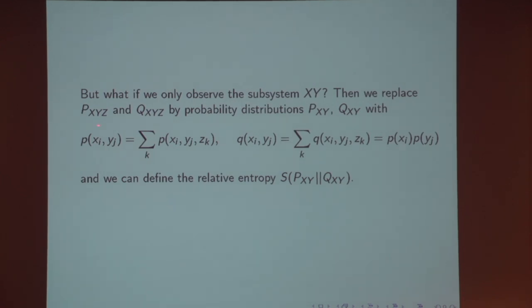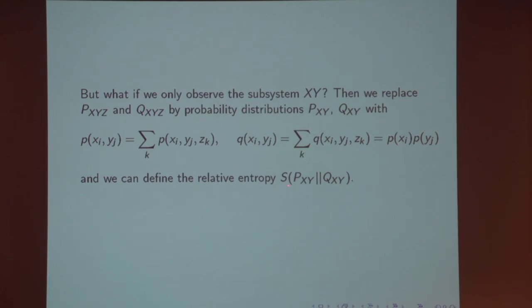So we replace p of x, y, z and q of x, y, z by pxy and qxy, which are obtained by summing over z. So we sum p of x, y, z over z to get a probability distribution that's correlated between x and y. But the other one, when we sum over z, turns out to be uncorrelated. That's because in q, we already ignored correlations of x with yz. And if we throw away z, we will be ignoring correlations of x with y.